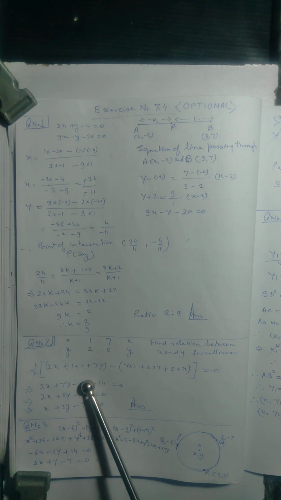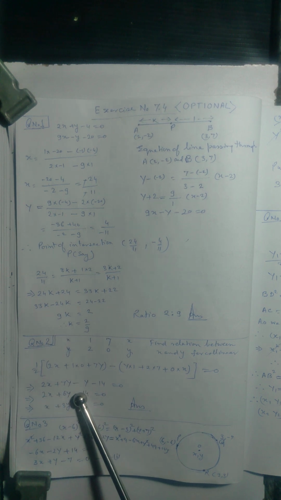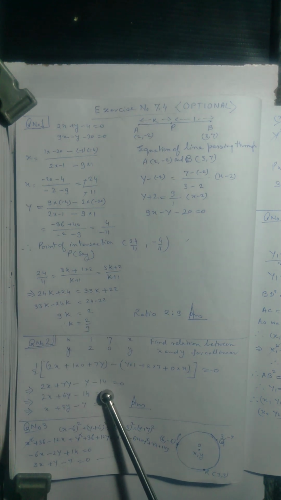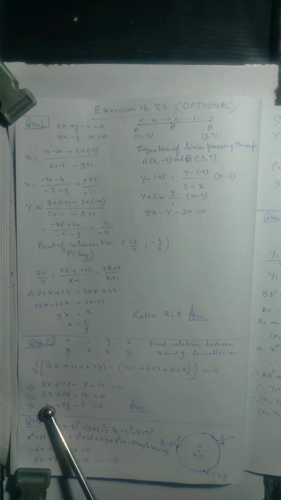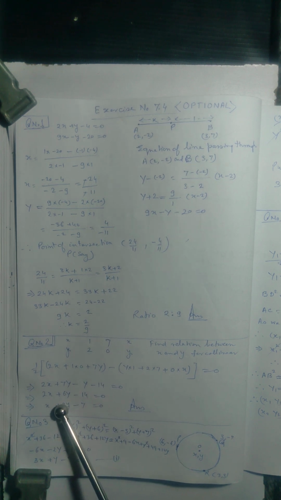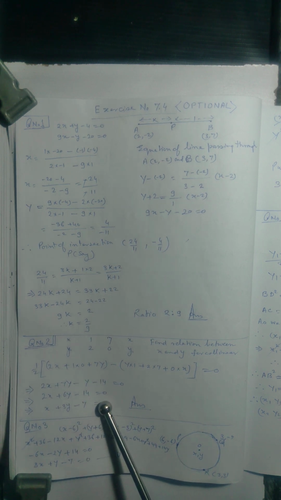Now solve it, and that will be equal to 2x plus 7y minus 14 equal to 0. Further solve it, you will get 2x plus 6y minus 14 is equal to 0.